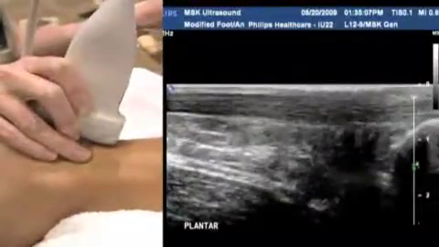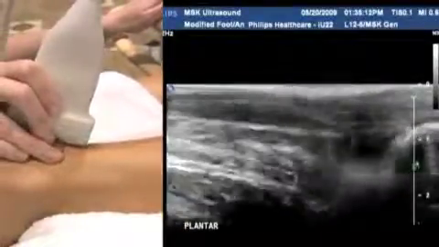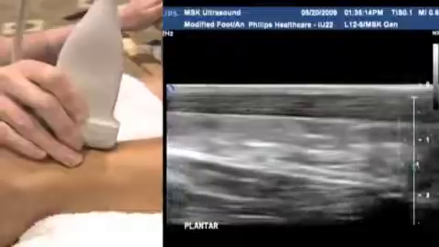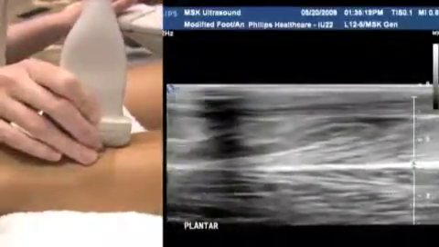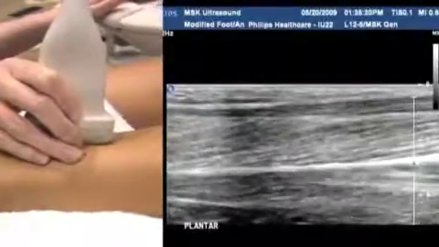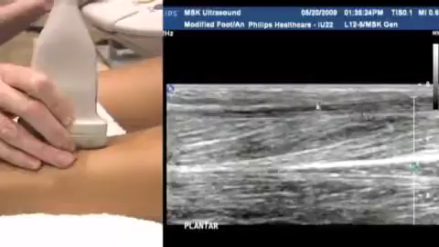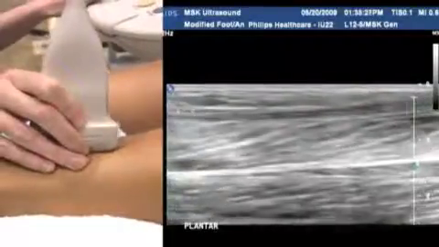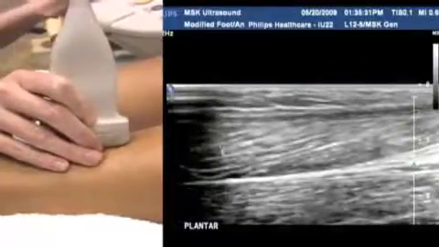And again, similar to plantar fascia, make sure that you scan all the way medially to laterally, covering the entire aspect of the tendon, and follow it all the way up into its muscular insertion more proximally in the calf. So you can see as we stretch more proximally, the Achilles is going to bow down and start to get a little deeper and start to blend into its muscle here.